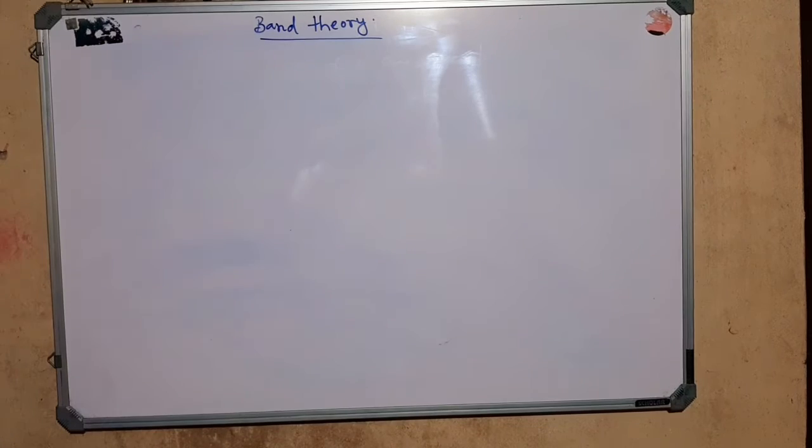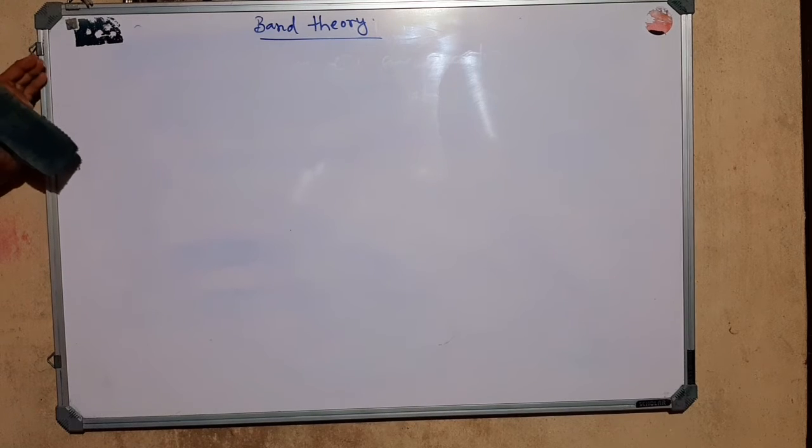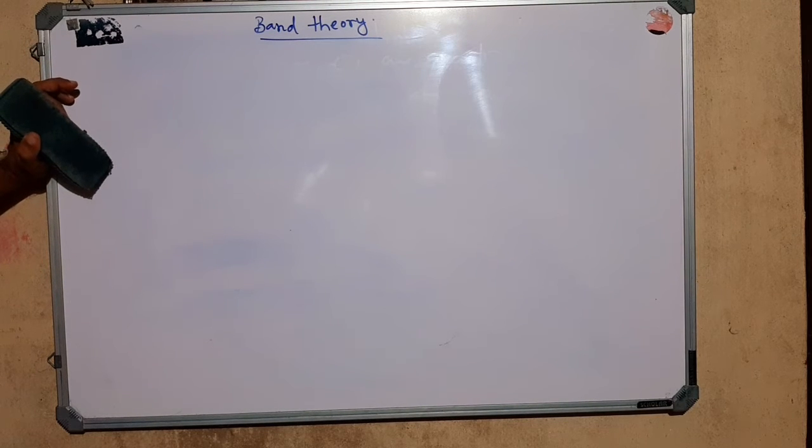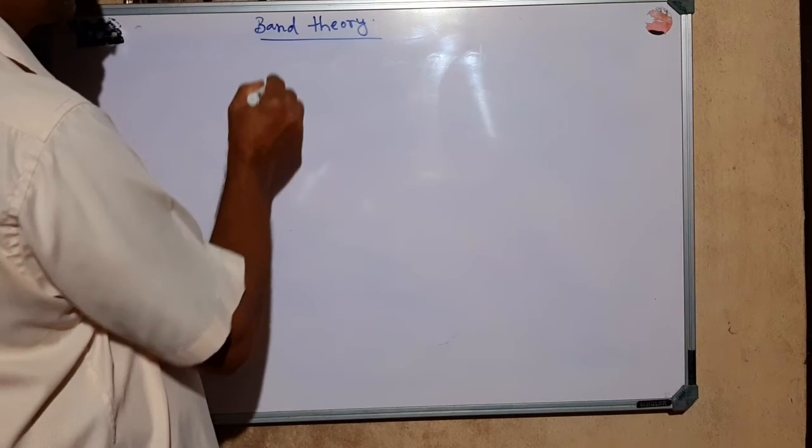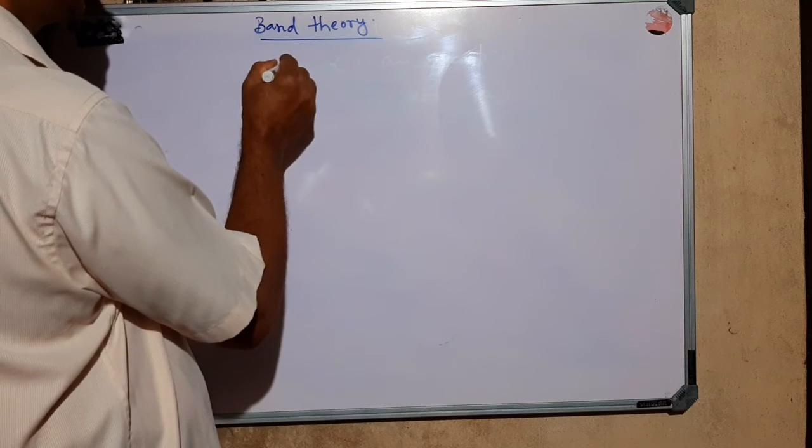Band theory of solids. When you consider the band theory of solids, first of all, we must know what bands are. Just consider two identical atoms. Consider this is the valence electron.